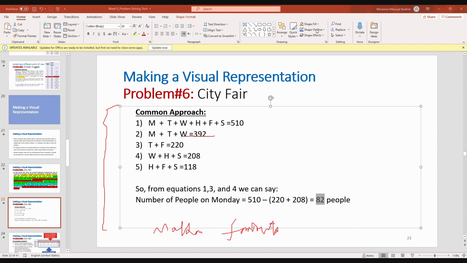Solving this equation is not related to programming, it's related to math. I think you have studied calculus or whatever. You can move Wednesday to the right, and maybe change Monday to some other value, and so on. After solving this equation, you will find that we have 82 people.